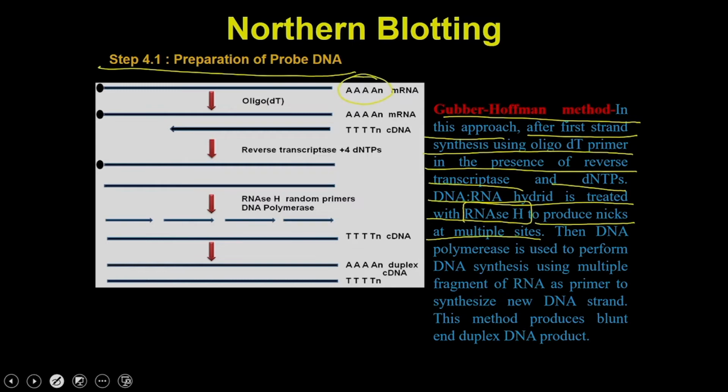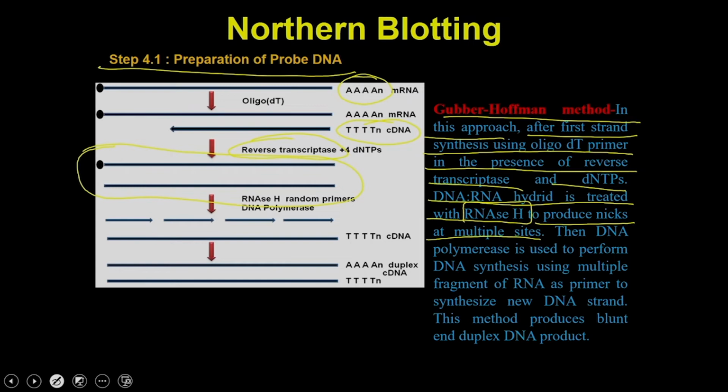So, what you are going to do is just synthesize poly T primers, and then you ask the reverse transcriptase to synthesize. So, it is going to synthesize the complementary DNA, and then you are going to have the RNA-DNA hybrids.